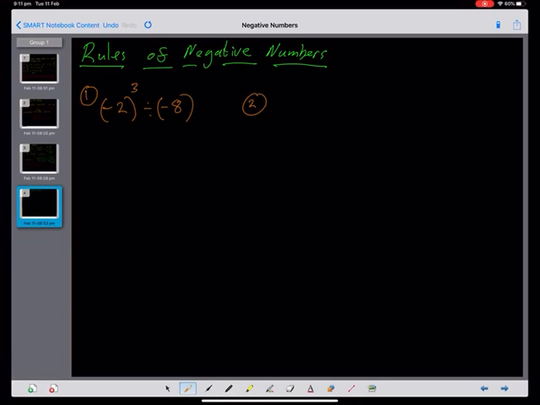Let's do negative 3 squared divided by positive 3. Let's do negative 5 squared divided by positive 5.